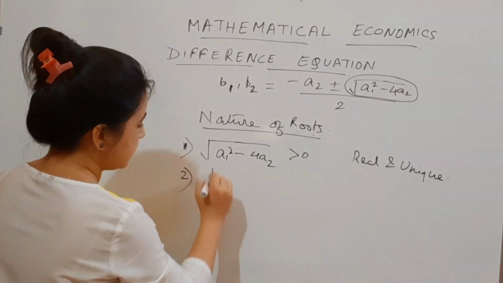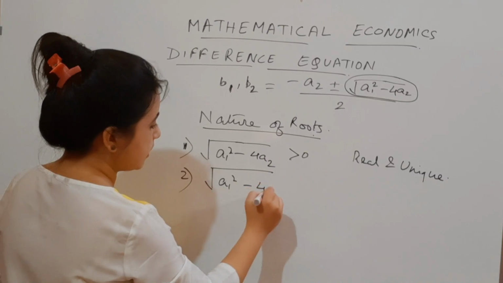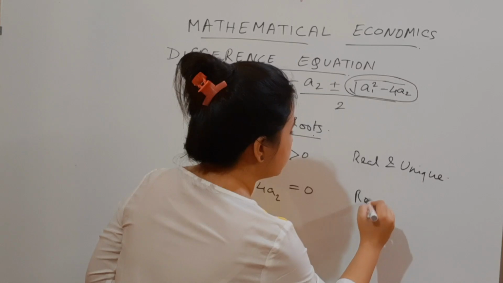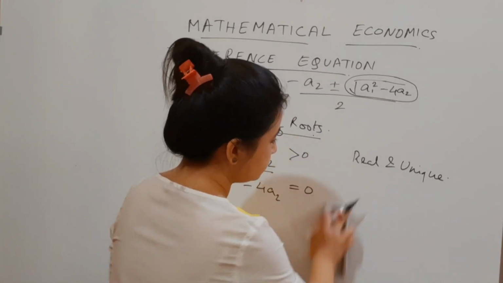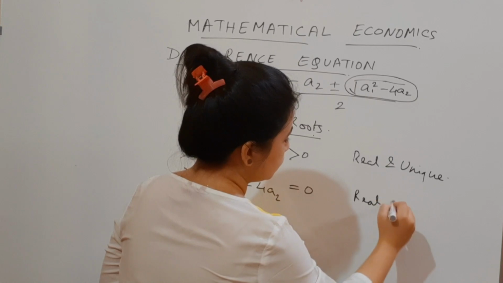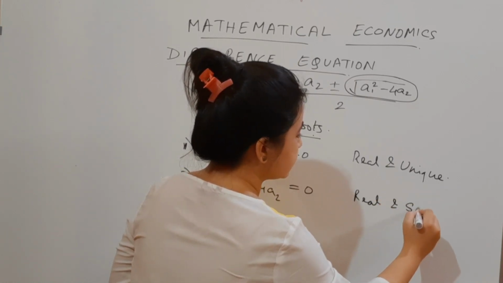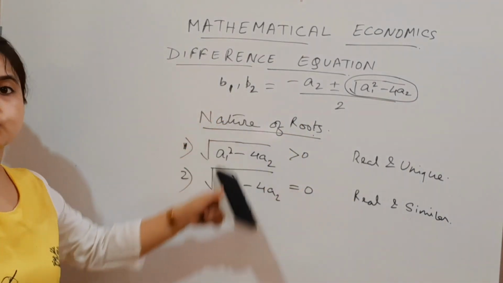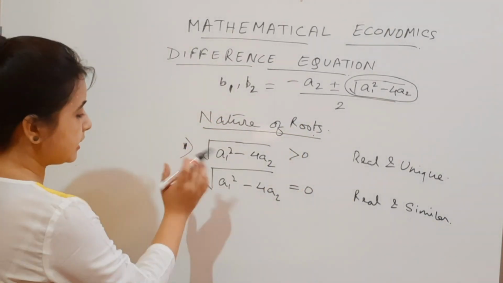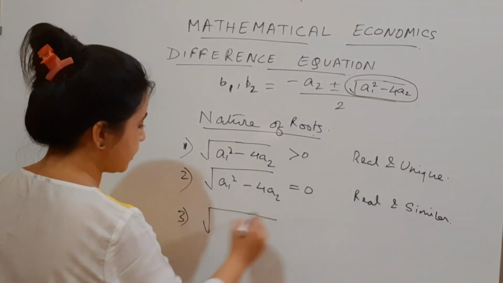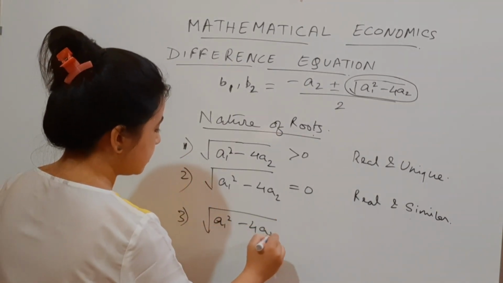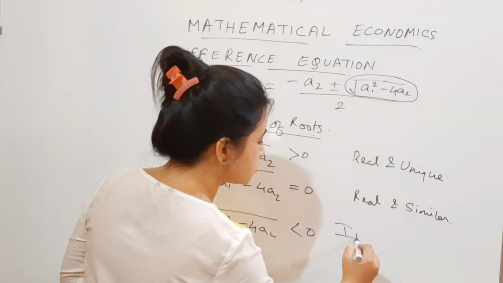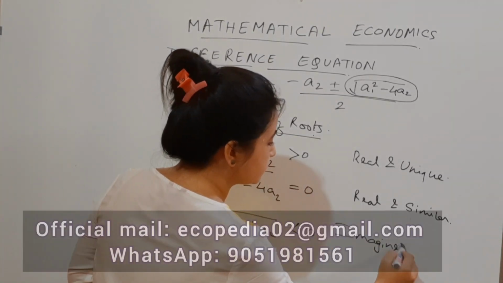Second case: if a1² - 4a2 is equal to 0, here also the roots will be real, but they are repeated roots, that means b1 and b2 will be equal. Third case, this is where the confusion lies: if a1² - 4a2 is negative, then the roots become imaginary.